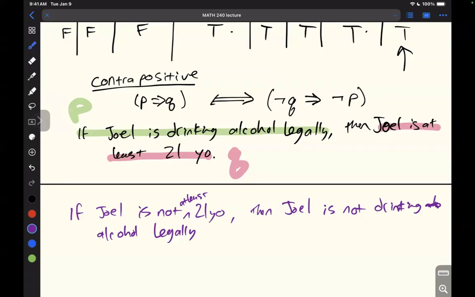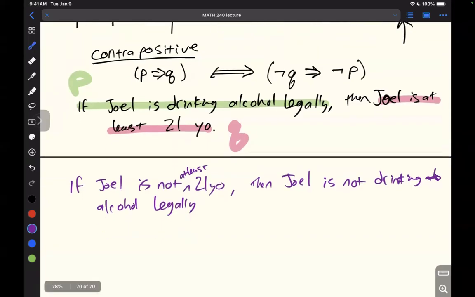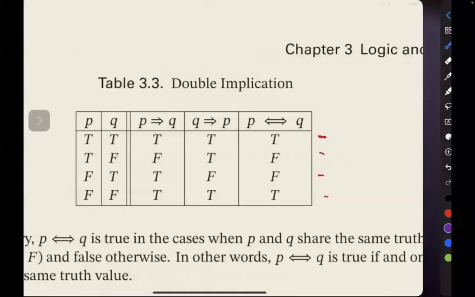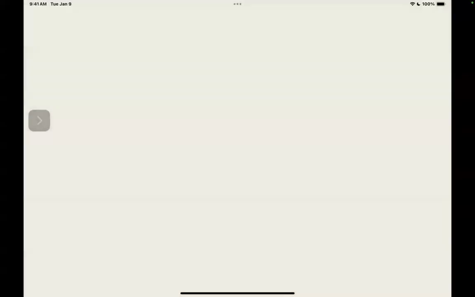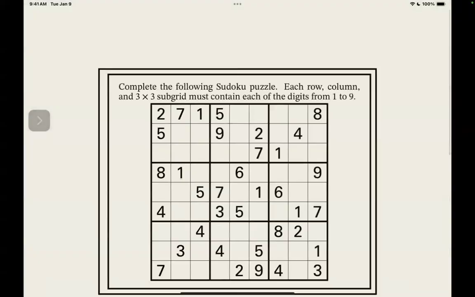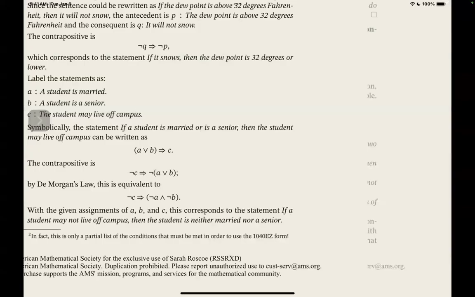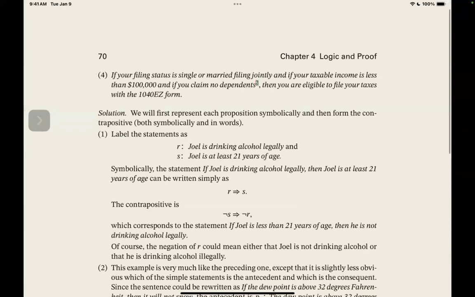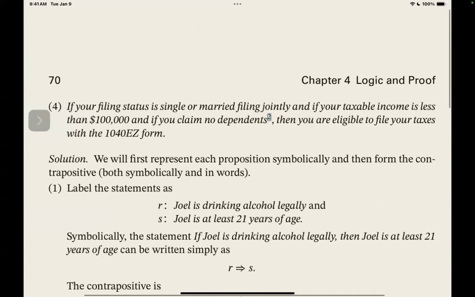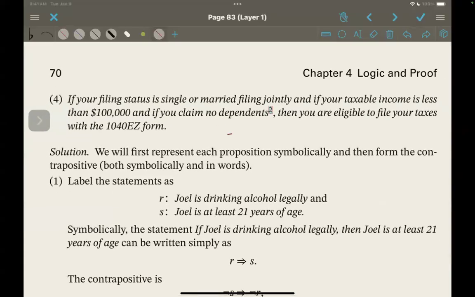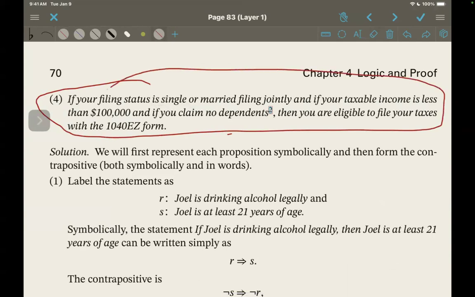But I would like you to turn to your neighbor and do number 4 on page 70. So let me scroll over to page 70. 71. Okay, which is this one. So taxes are complicated.